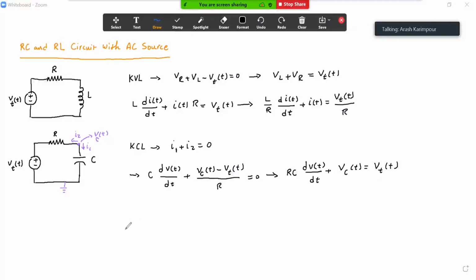We assume that the tau is going to be L over R, or here we consider the tau is going to be RC, and then we can write that equation as dx(t)/dt plus x(t) is equal to f(t).